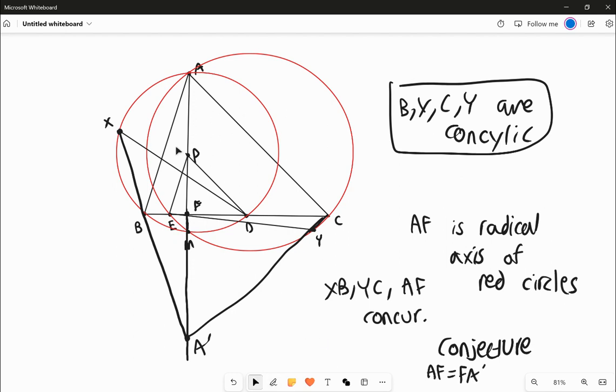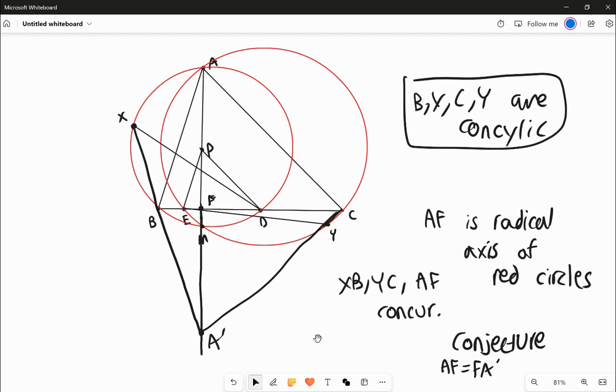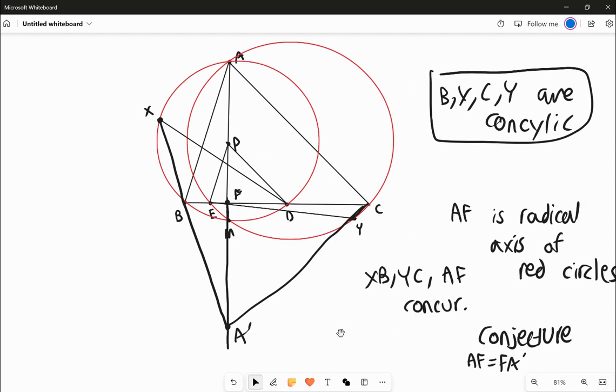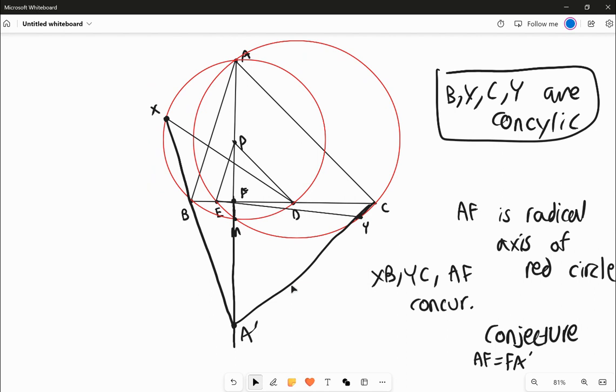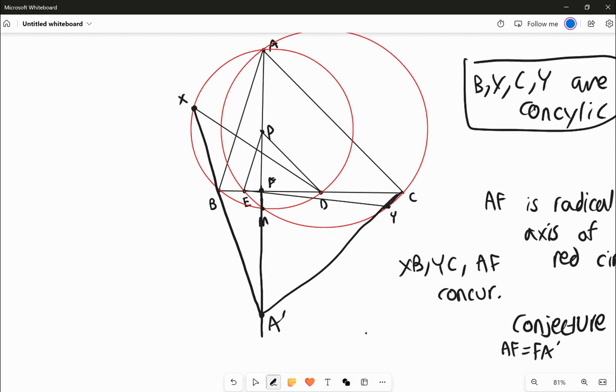A prime is a reflection of A across BC. So how can we get started on this one? It suffices to prove that X, B, A prime are collinear, because similar logic yields that C, Y, A prime are collinear. So show that X, B, A prime are collinear. They all lie on the same line.